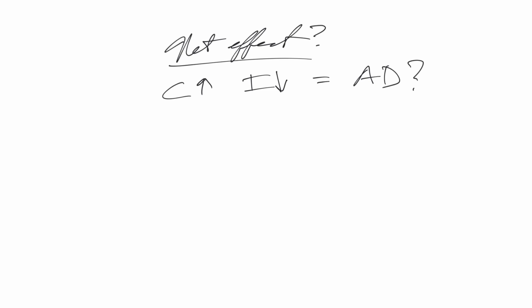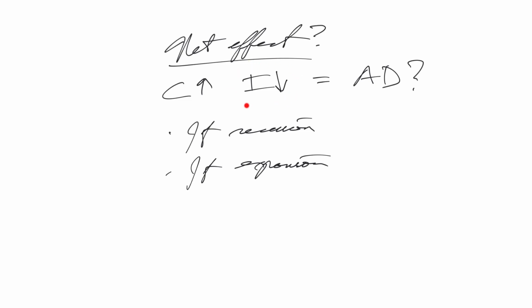So if the economy is in a recession, it's likely to go up. It's going to go this way because we've got unused capacity during a recession, and this is not going to crowd out investment. Okay, but if we're in an expansion, well, there isn't really any unused capacity, so any increase in government spending may very well indeed be the overpowering part, and aggregate demand would go up by less than government spending.